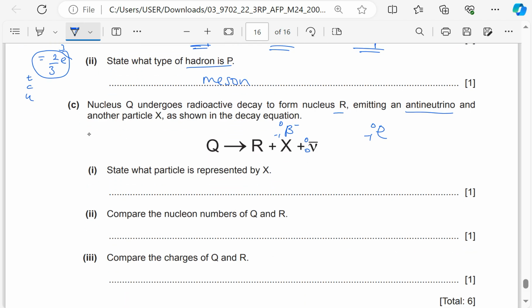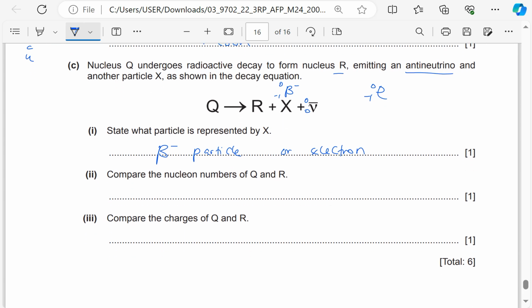State what particle is represented by X. So X is going to be a beta minus particle, or you can call it the electron. Whenever somebody just mentions the electron, they are referring to beta minus. It is an electron which is accompanied by an antineutrino. If it was a neutrino, this would be a positron, or beta plus.